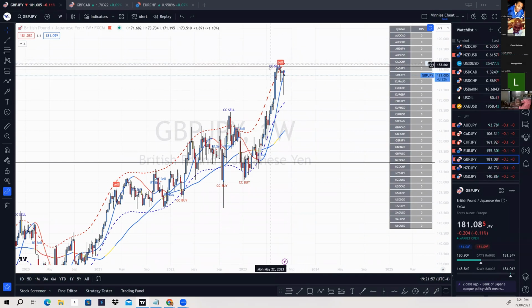All right, we have a higher time frame supply zone. We have divergence, giving us an indication that price wants to sell and reverse. And then we also have a cheat code sell signal. All right, so we can expect to be selling GJ this week.